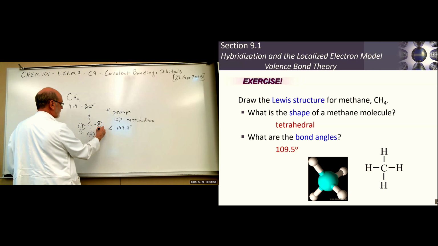If we look at the electronic structure for carbon, which has 6, carbon 6 would be 1s2, 2s2, and 2p2. Okay, and the model also says that we only overlap valence electron orbitals. Right, so we're stuck with these right here.